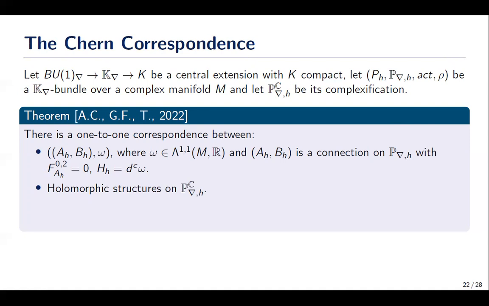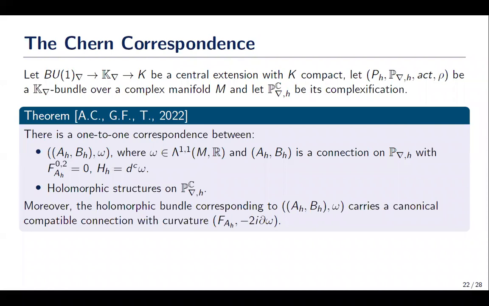Something that's interesting about this theorem is that the holomorphic structure that you get here really depends on the choice of omega. So an integrable connection is not just a connection satisfying a condition, it's a connection with an additional piece of structure, this omega. This is again the kind of thing that always happens in the higher world.